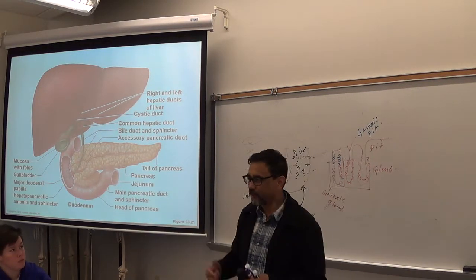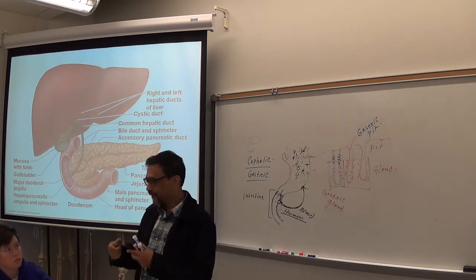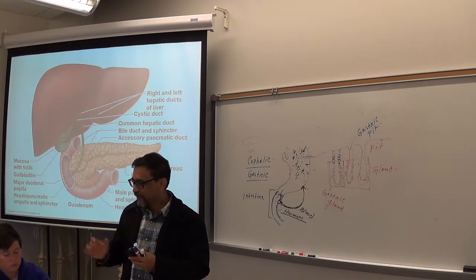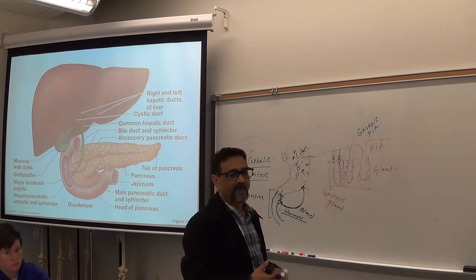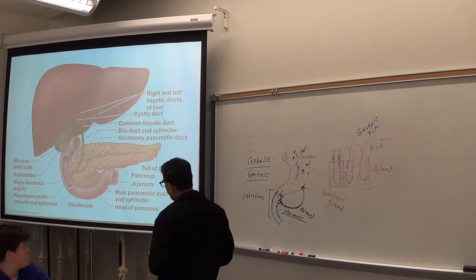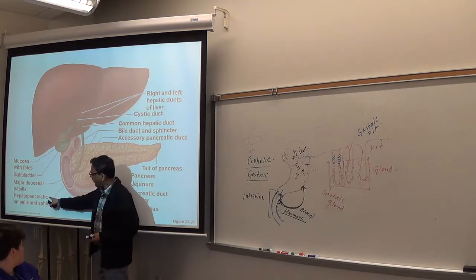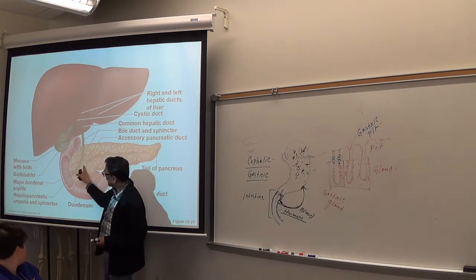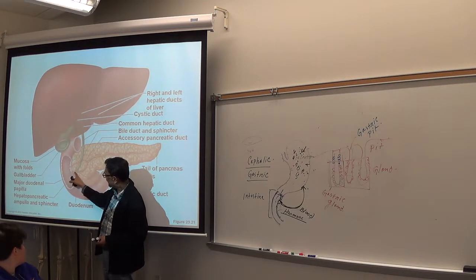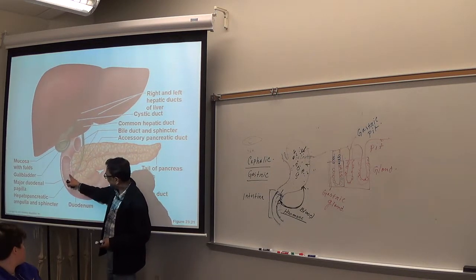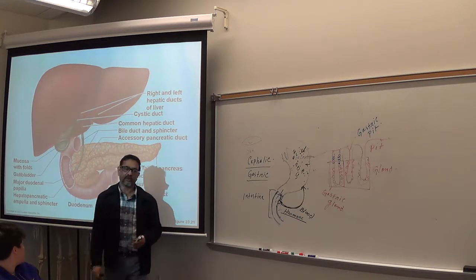Since two tubes, the bile duct and the main pancreatic duct, are joining there, that area is wider, just before it enters into the duodenum. Hepato means liver, pancreatic means pancreas, duct. Ampulla, this part. And then the opening is the major duodenal papilla.